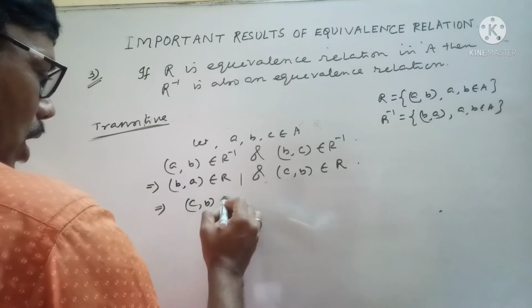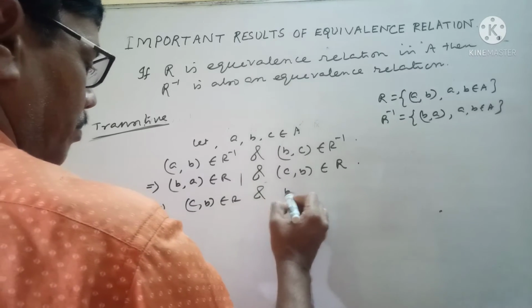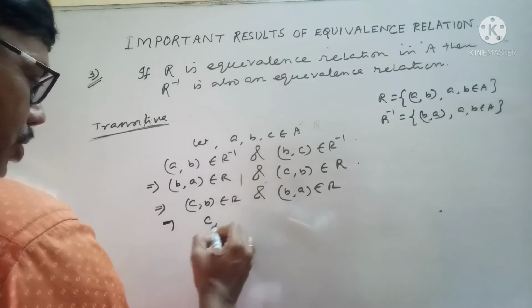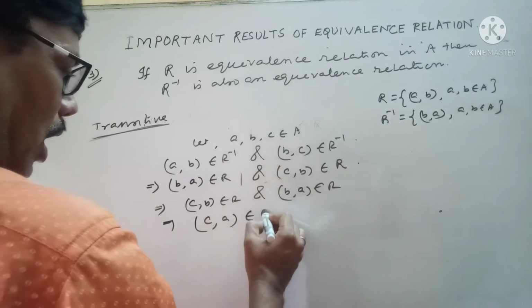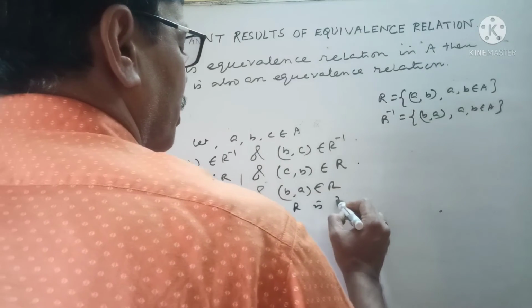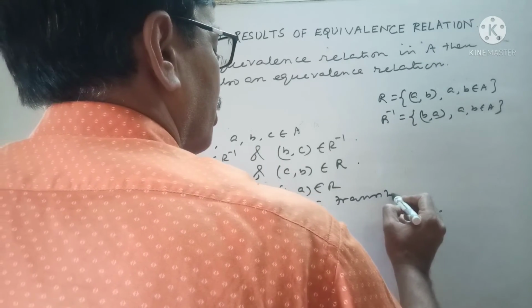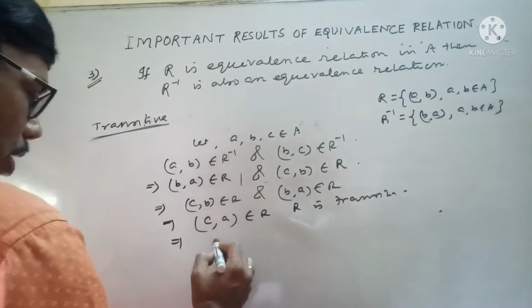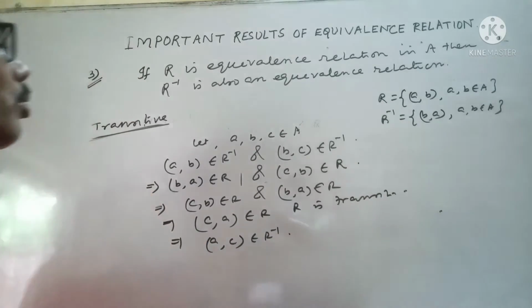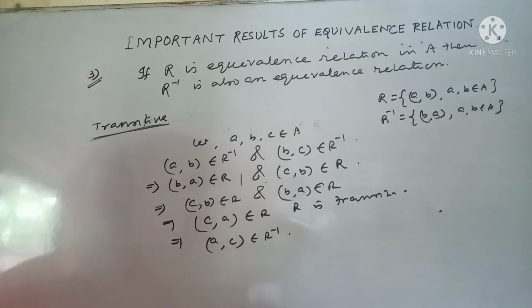CB belongs to R and BA belongs to R implies CA belongs to R, because R is transitive. So AC belongs to R inverse.